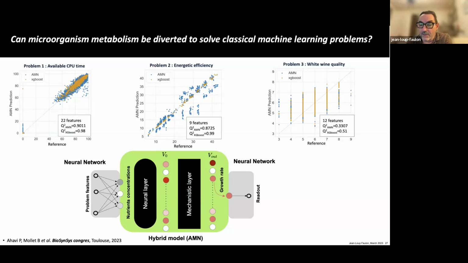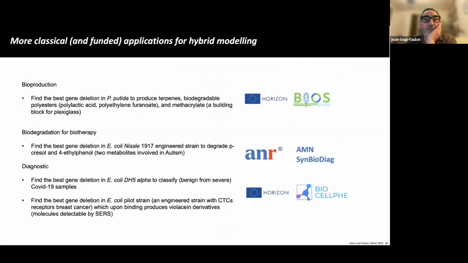So, of course, we are still continuing this work, and this is my last slide, we are also doing this for more classical applications of these hybrid models, and these are funded applications. For instance, trying to find the best gene deletions in Pseudomonas putida to produce various molecules, find the best gene deletions in Nithal in order to engineer a strain that will degrade two compounds that are involved in autism.